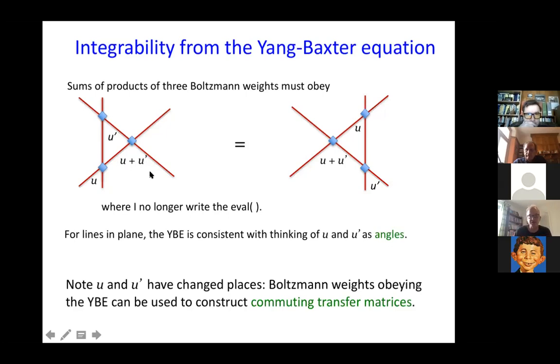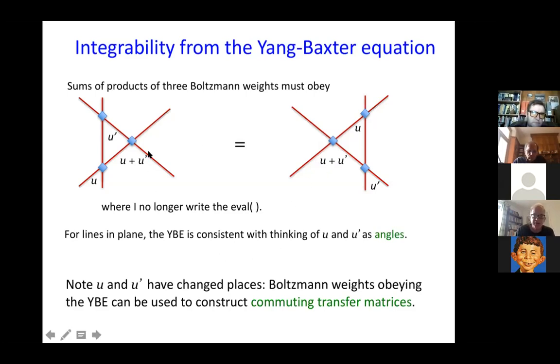This relation is understood as being in the evaluation, but for convenience, I'm not going to write it out again. So what we want to do to show a model is integrable is to show that the Boltzmann weights satisfy this relation. In other words, fix v and h and d so that this equation is true.